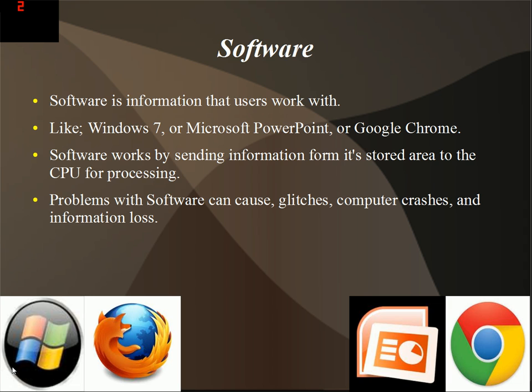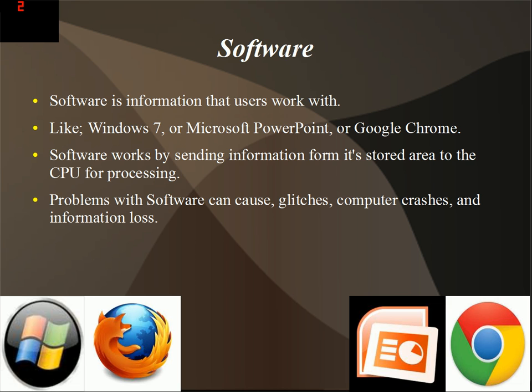Software. Software is the information that users work with. It's the fun stuff. It's immaterial, meaning you can't go out and buy software and plug it into your computer. You have to download it or install it off hardware onto your disk drives, which in turn allow you to use it from your computer.